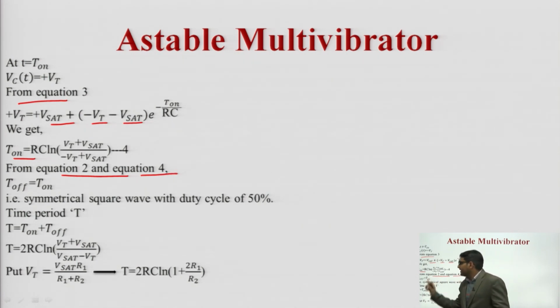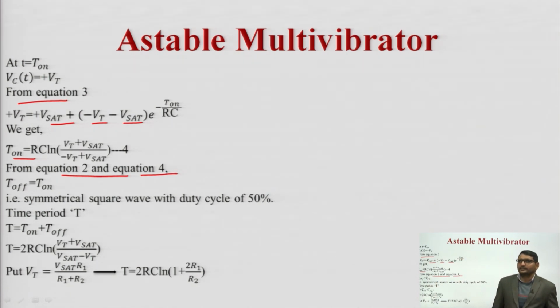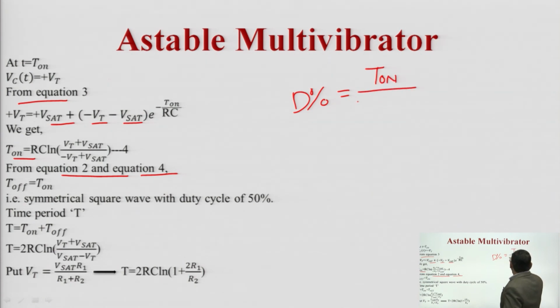From equation 2 and equation 4 we see a similar expression for on time and off time. Then we can say that this is a symmetrical square wave with a duty cycle of 50%. Duty cycle D percentage is defined as T on divided by T on plus T off.